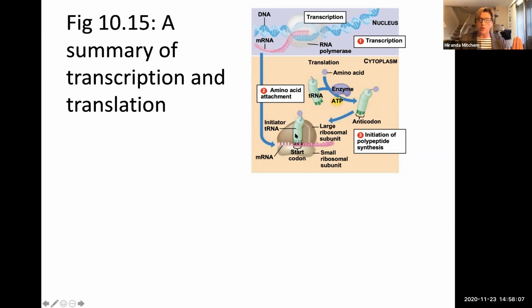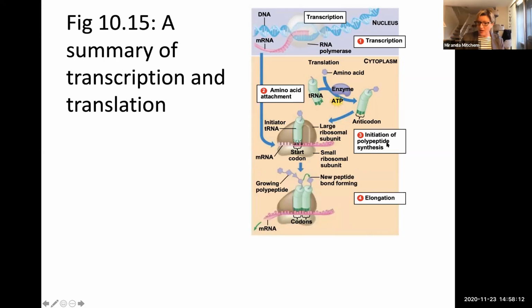And then everything moves over one at a time through the step of elongation. And a peptide bond will form in between each of these amino acids, creating the primary structure of the protein. It still has to fold, as we learned about in our molecule section.